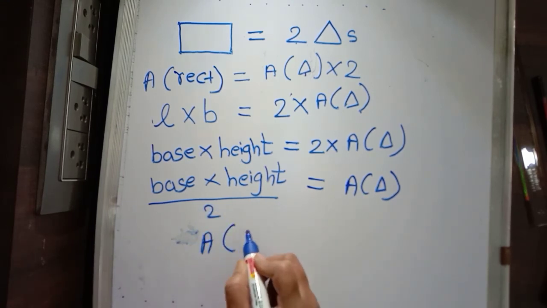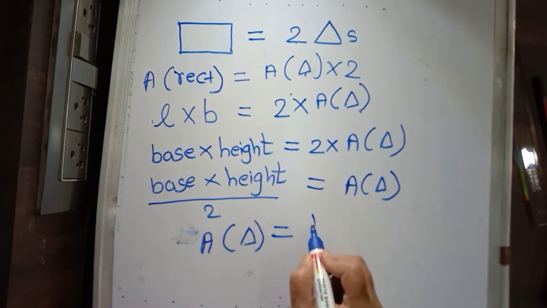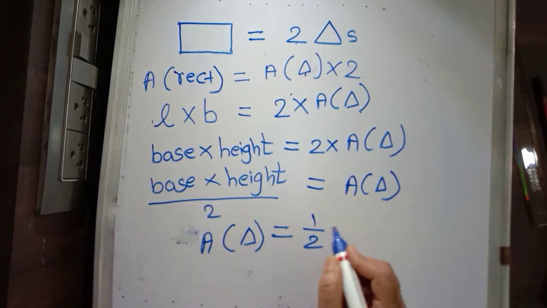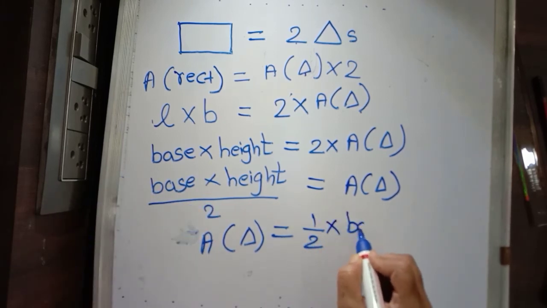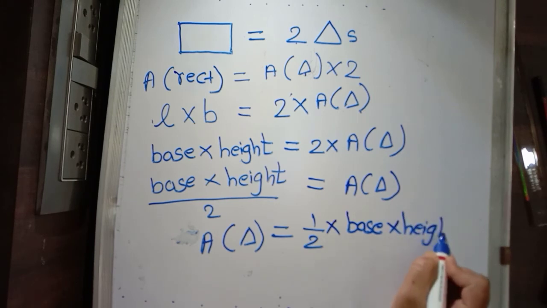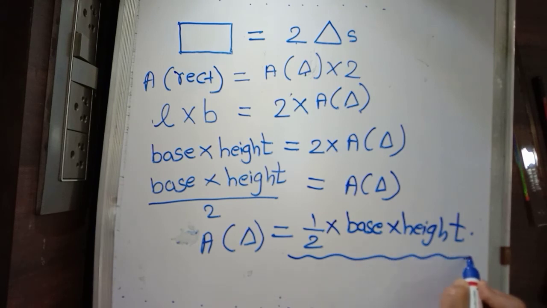Area of triangle is equal to 1 by 2 into base into height. And this is the expected formula which we use in our day-to-day life to calculate the area of a triangle. The general formula for area of triangle is half into base into height.